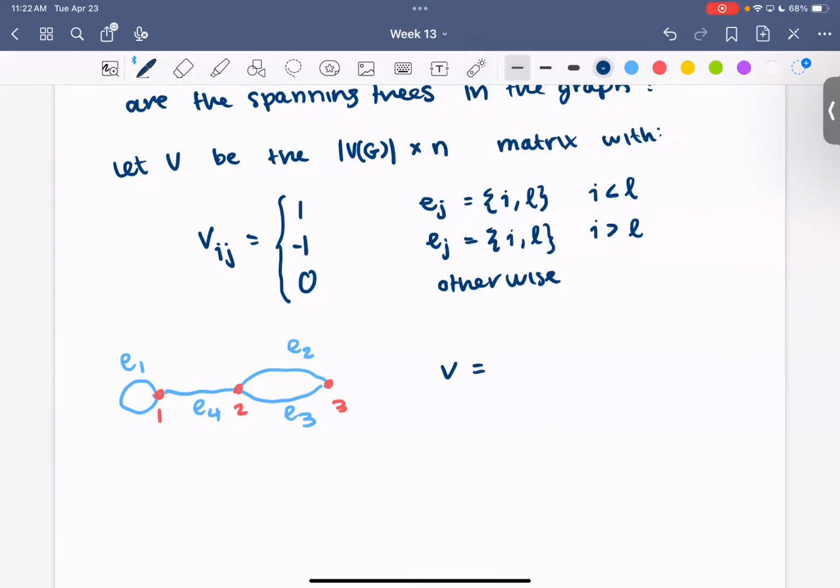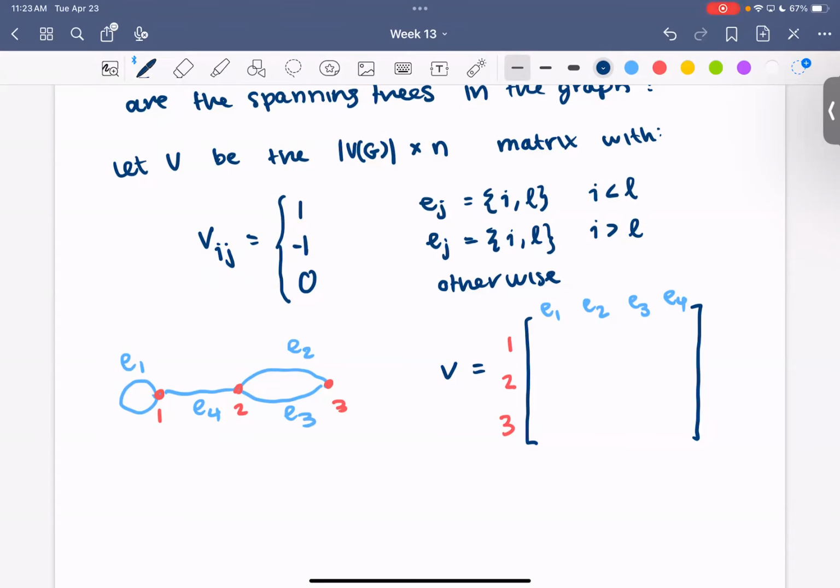So I'm going to make this matrix V whose rows correspond to the vertices and the columns correspond to the edges. And then I'm going to record in each one what is the head and what is the tail of that edge.